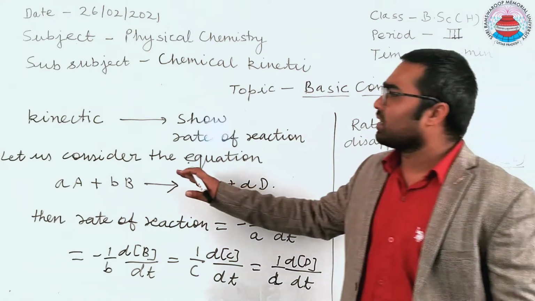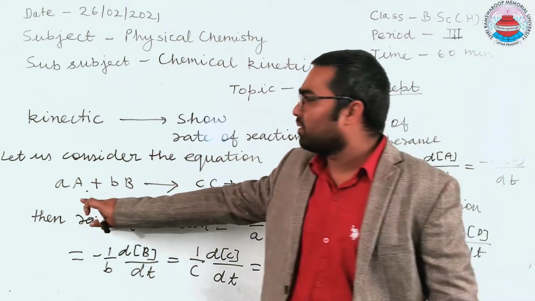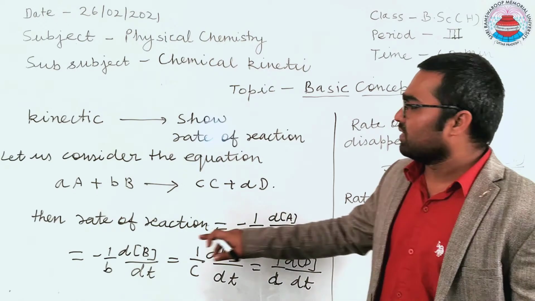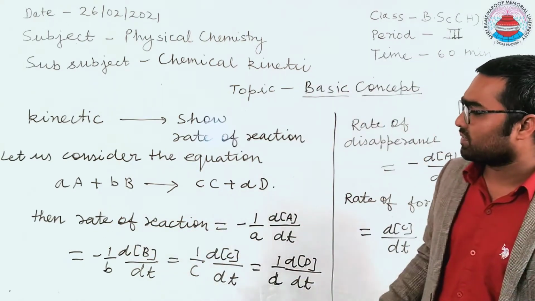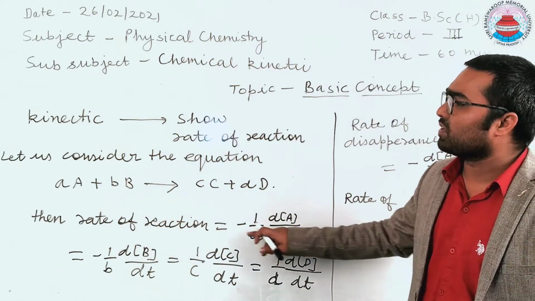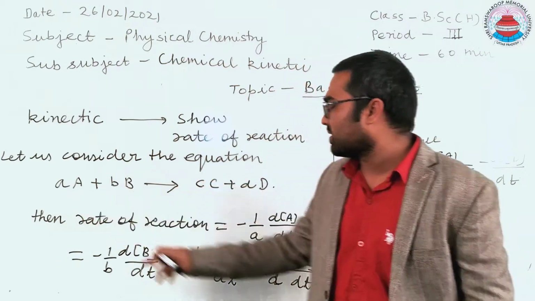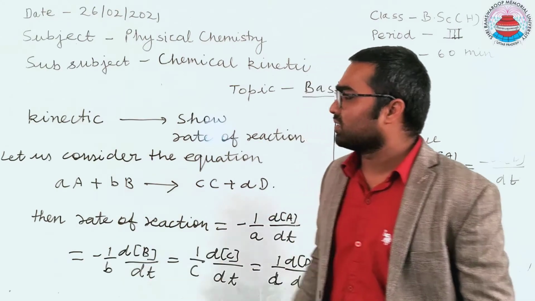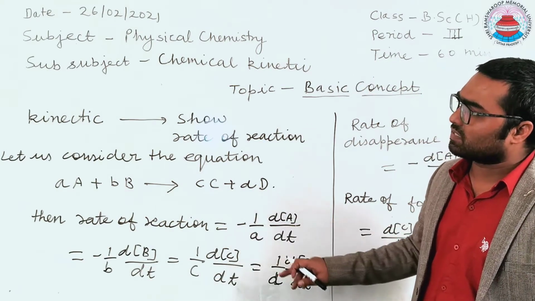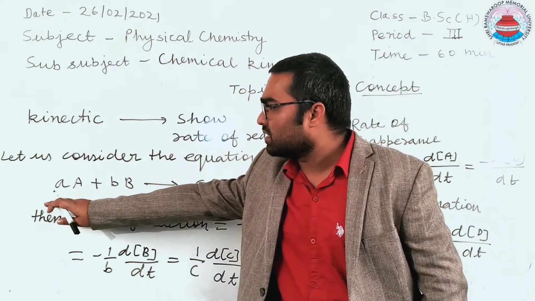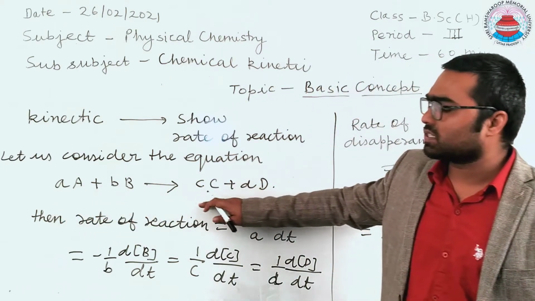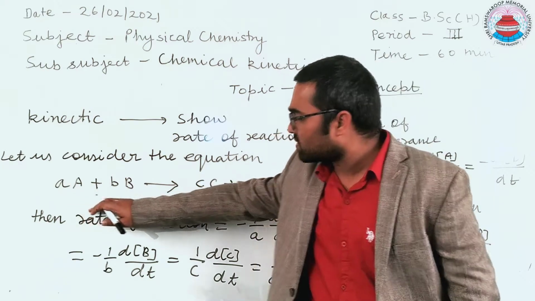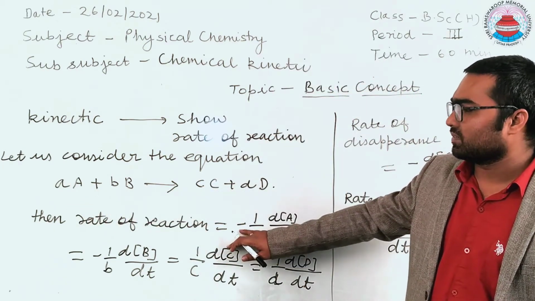Let us consider the equation A plus B is converted to C plus D. Then what is the rate of reaction? Rate of reaction is minus 1 by a, where a is the coefficient, dA upon dt. The minus sign indicates that this is a reactant and this is a product. When a reactant decomposes or reduces, the minus sign comes.